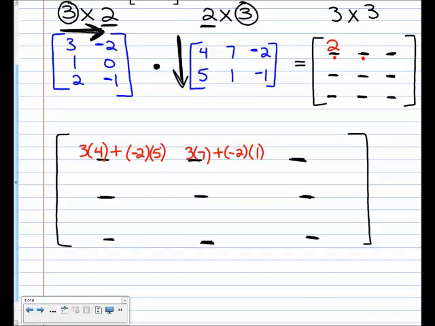Should I show that one again? First row times the second column. 3 times 7 plus negative 2 times 1. Follow your arrows.